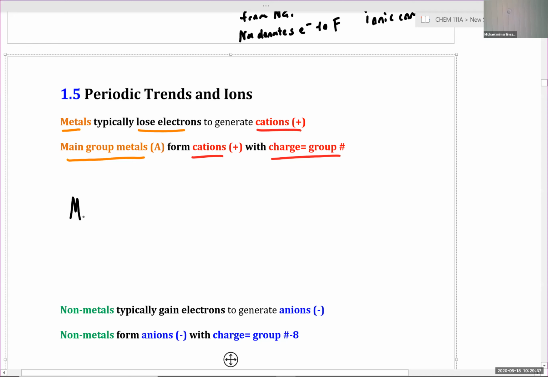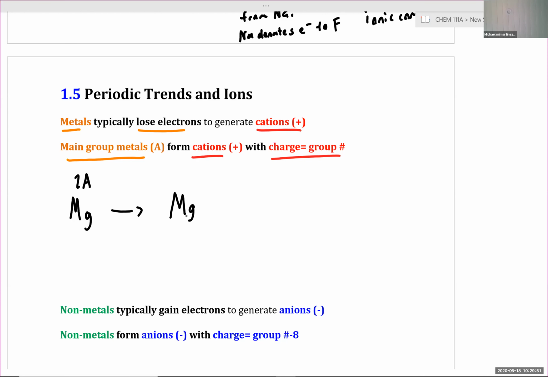So for example, if we have magnesium, which is a group 2A element, what ion would we expect to generate from magnesium? What's the charge of our ion that we would expect to generate from magnesium following this rule? What's the charge going to be? +1, +2, -1, -2.